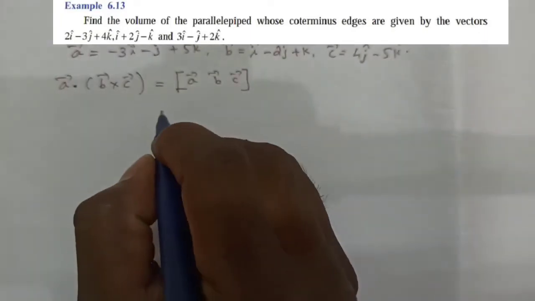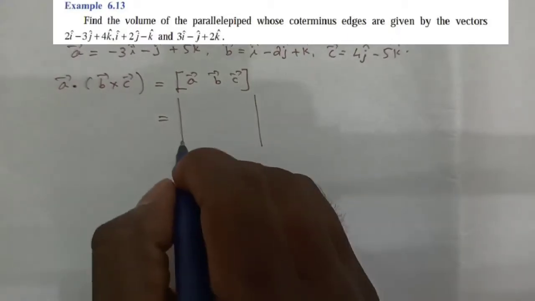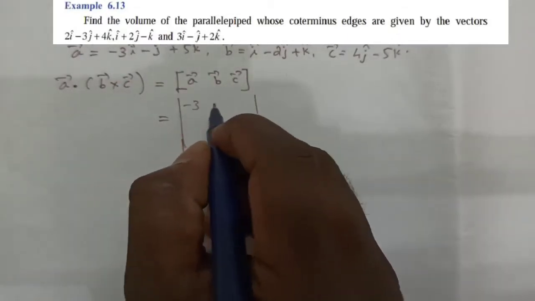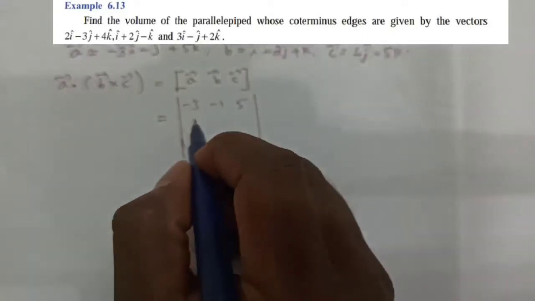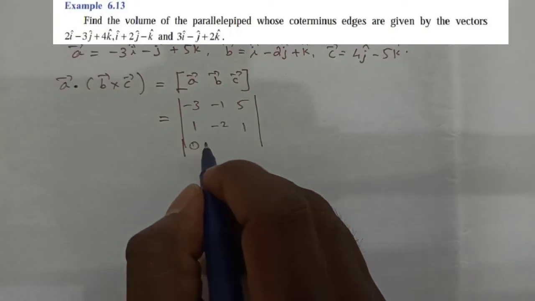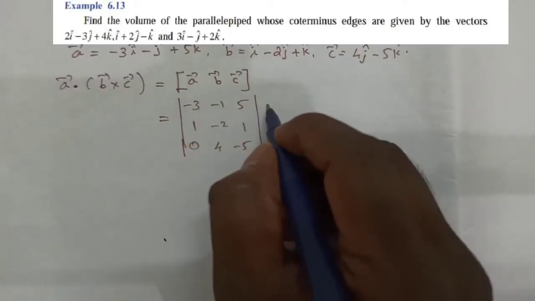The box product value is nothing but the determinant value. First row: -3, -1, 5; second row: 1, -2, 1; third row: 0, 4, -5. Next let me expand this term.